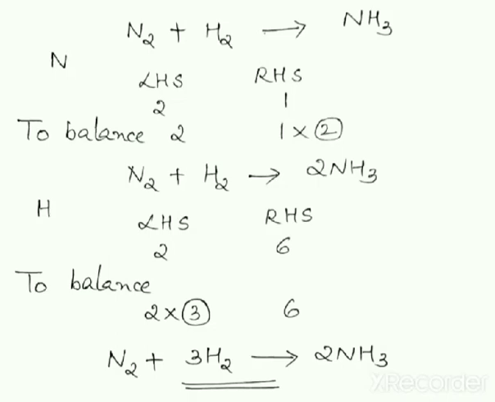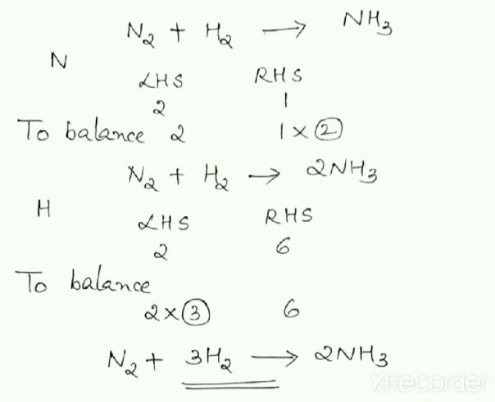After writing this equation, again check the number of atoms of nitrogen and hydrogen. N2 means 2 atoms of nitrogen. 2NH3 gives you 2 atoms of nitrogen. So the number of atoms of nitrogen is 2 on both sides of the equation. The number of atoms of hydrogen, from 3H2 you get 3 into 2, 6 atoms of hydrogen.